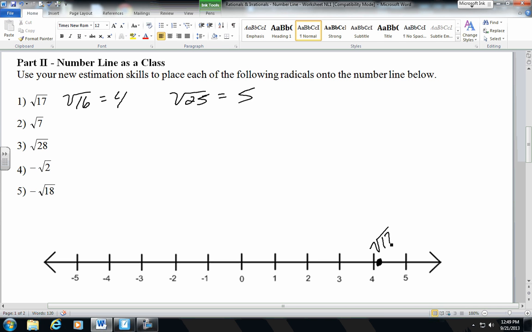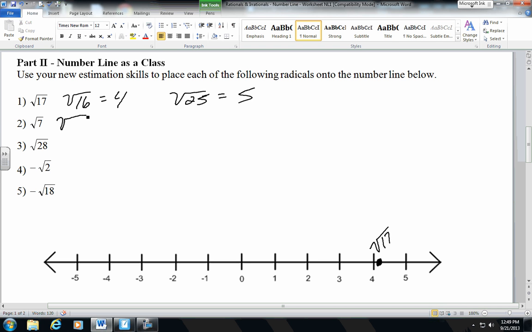So by using our estimation skills, knowing that it's going to fall between 4 and 5, and it's going to be closer to the 4 because 17 is closer to 16 than it is to 25, we know the dot should be just past the 4, between the 4 and the 5. We do the same thing with number 2.